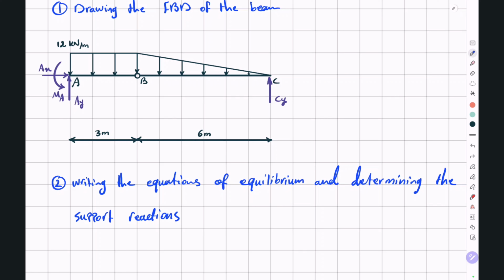And that single resultant force will be applied at the centroid of this triangle, or the distance 6 divided by 3 from the larger end, so 2 meters from this point B. So this free body diagram here can be substituted by this one here. So again, we have a 36 kN point load applied at a distance 1.5 meters from point A, and we have a 36 kN point load applied at a distance 2 meters from point B.